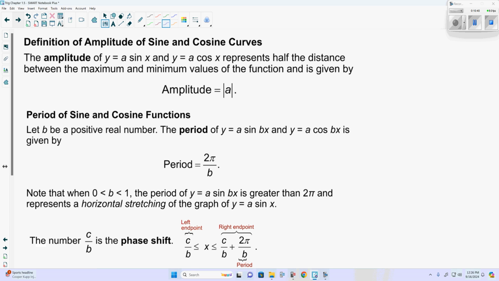So if a was 2, it means the highest point is going to be 2, the lowest point is -2, which makes a distance of 4, and half of that distance from top to bottom is the amplitude. The amplitude is equal to the absolute value of a.